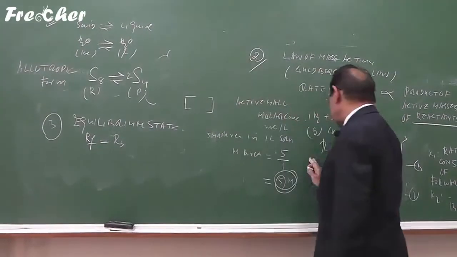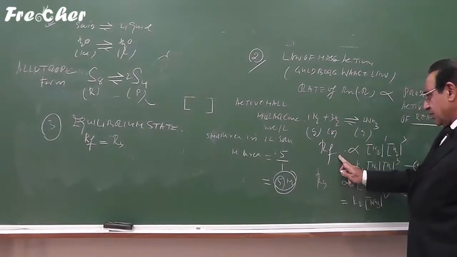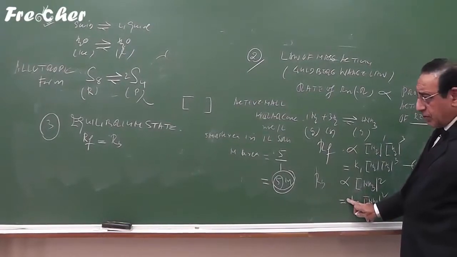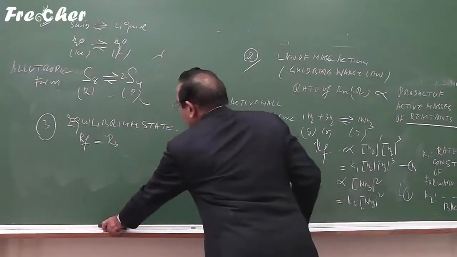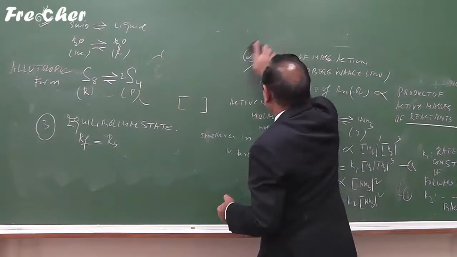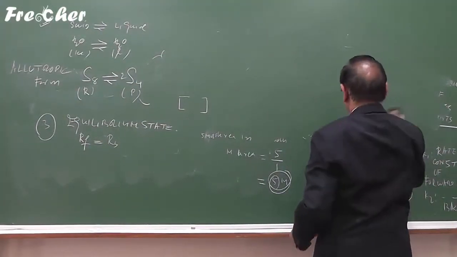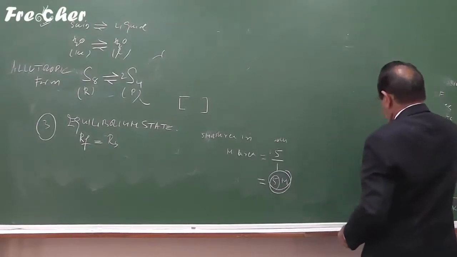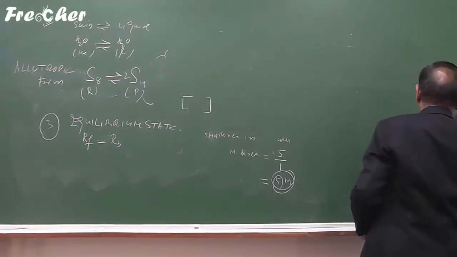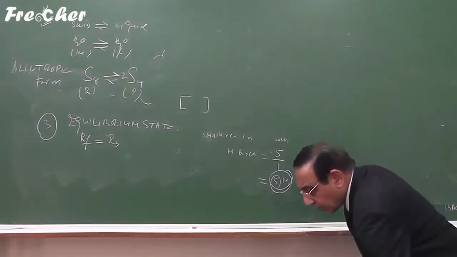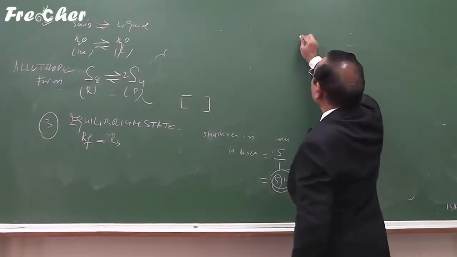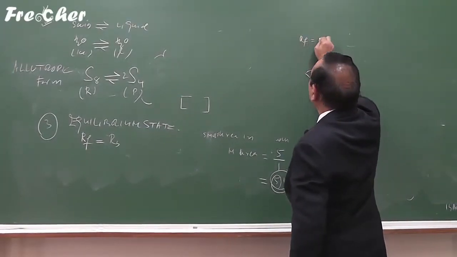As we can say in this case, rate of forward was this, rate of backward this. We can now equalize them. So we can write RF is equal to RB.